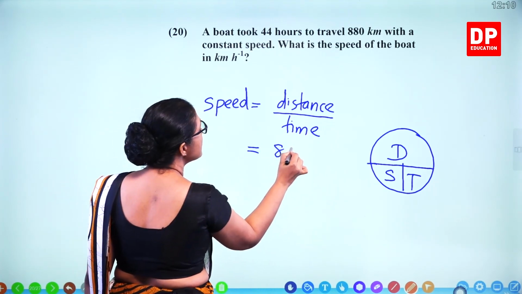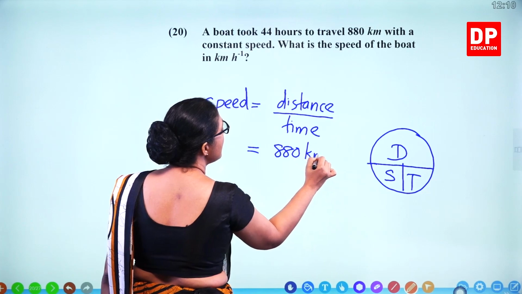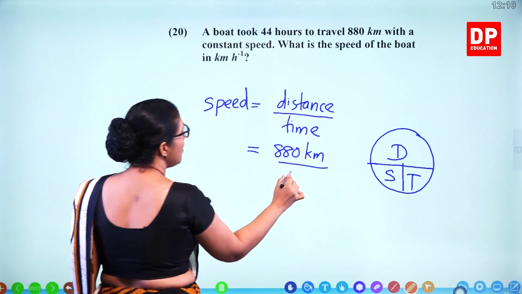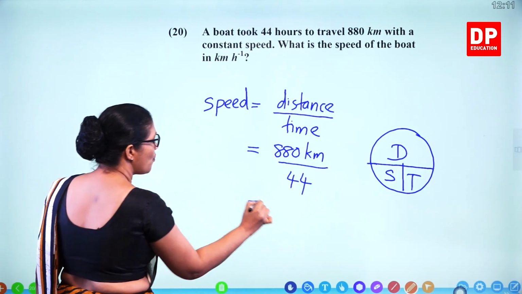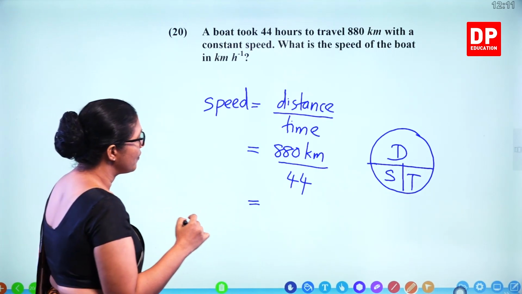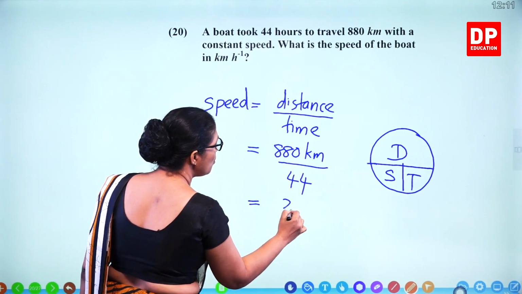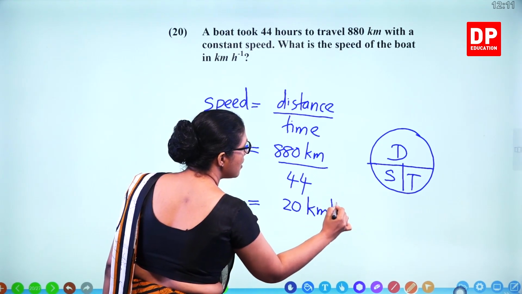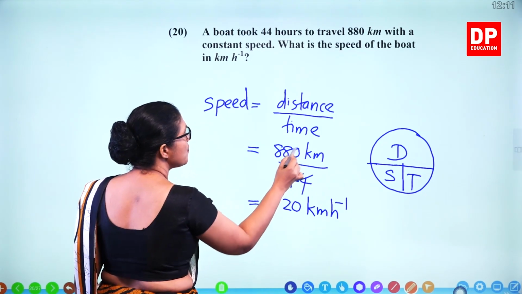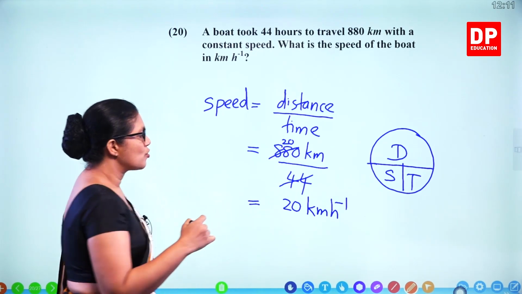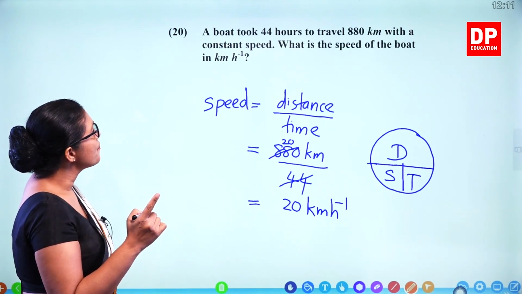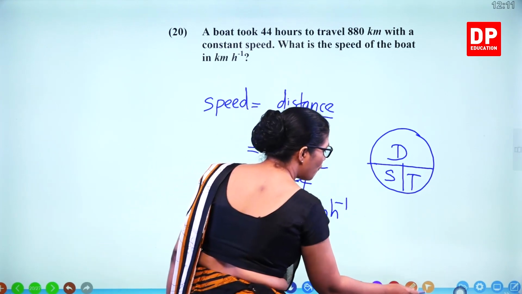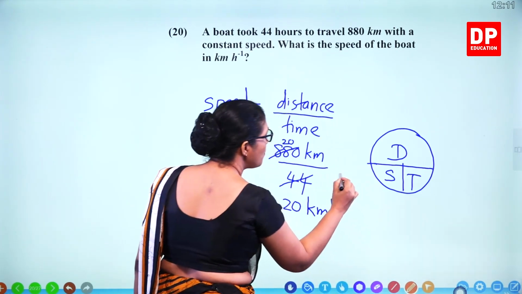Distance is given 880 kilometers and time is given 44. So when you divide these two, you get 44 times 2. So 20 kilometers per hour. So that's the speed of the boat. 2 marks for that.